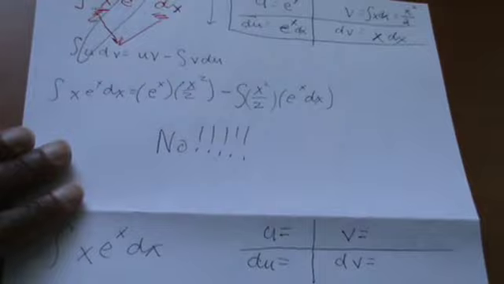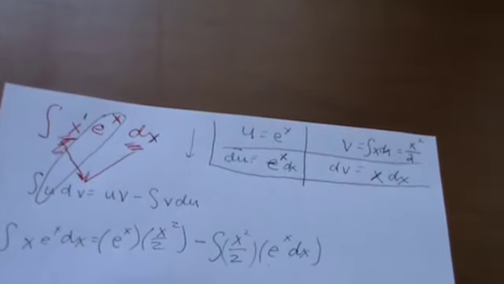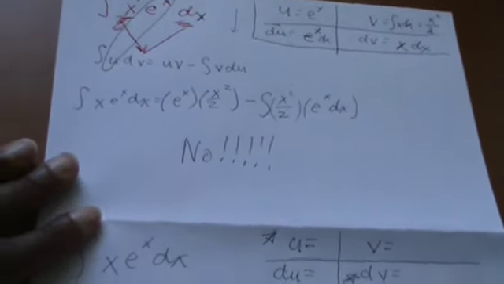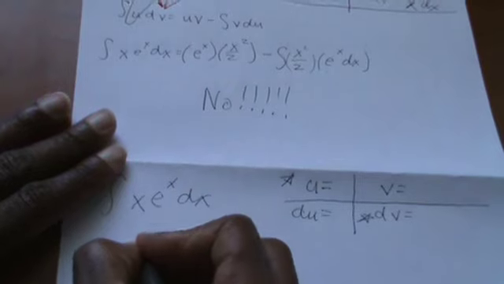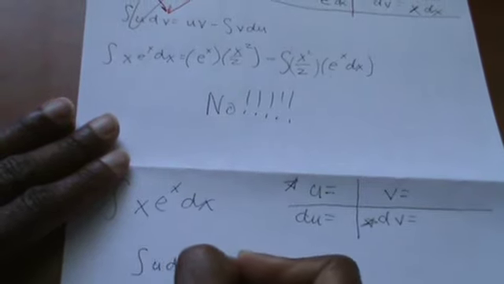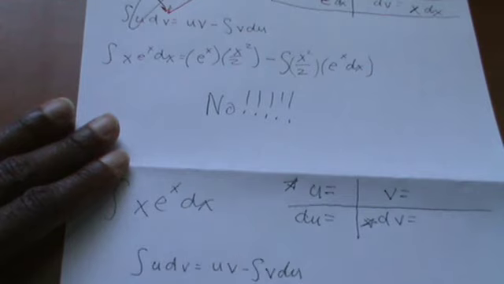All right, so in the last one, let me show you which two we absolutely have to choose. The formula says the integral of u dv equals uv minus the integral of v du.